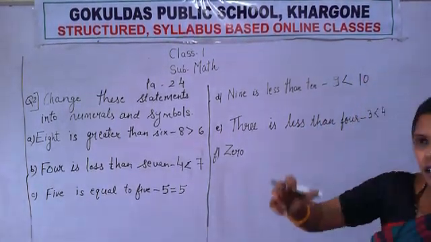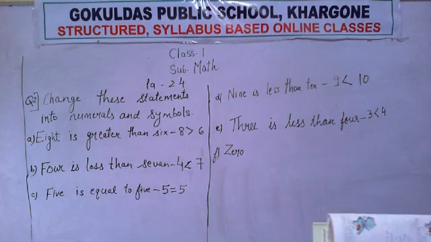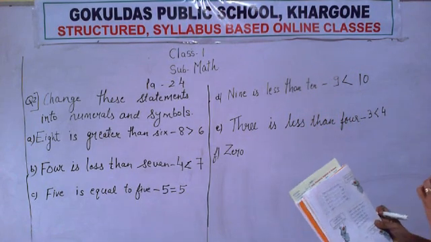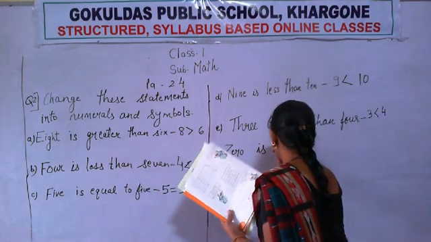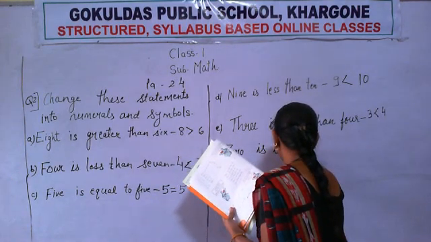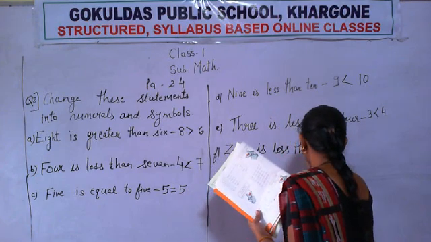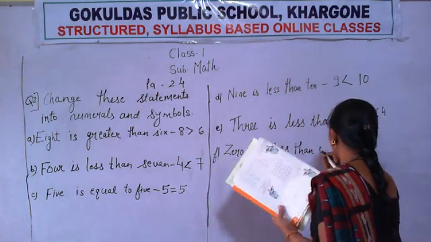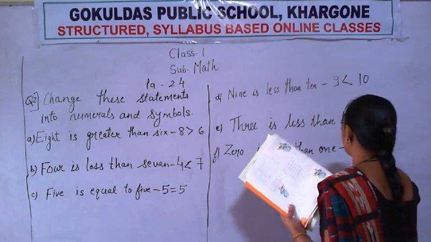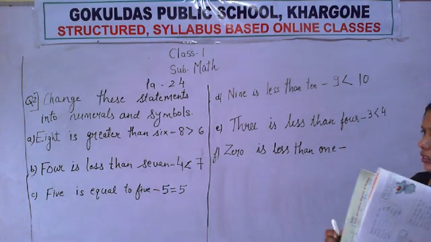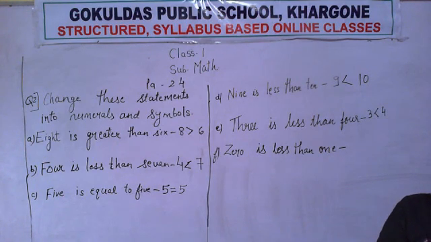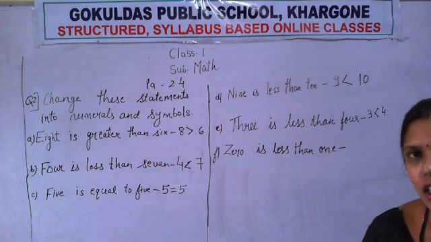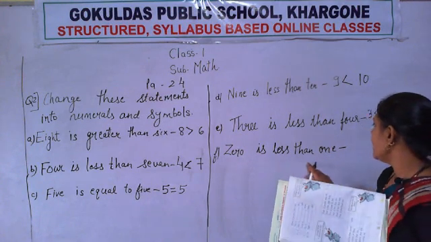A big circle is known as 0, or 0 is having no value. 0 is less than 1. 0 is less than every number, not only 1. 0 is less than 2 also, 0 is less than 3 also. So 0 is less than 1.